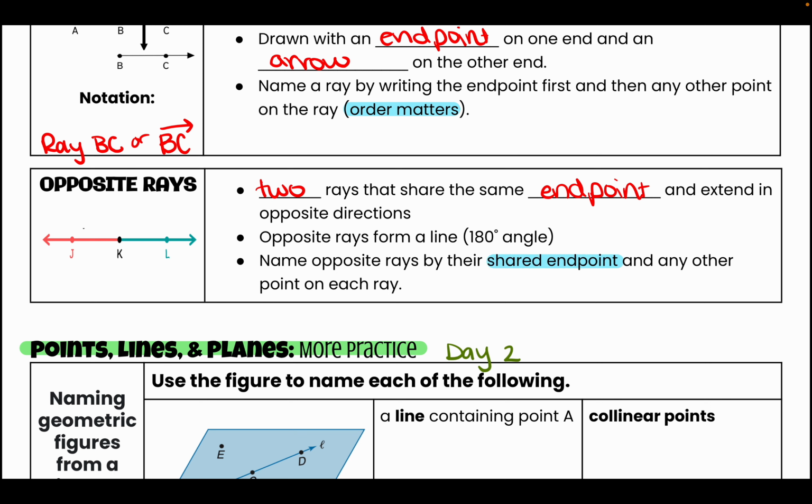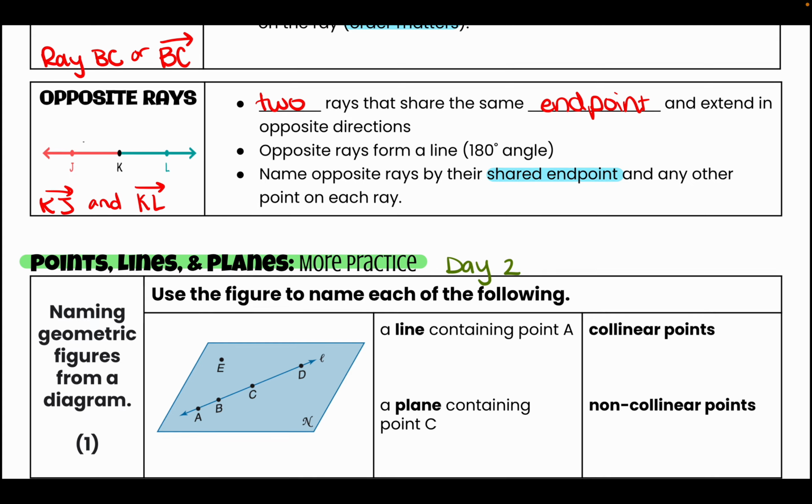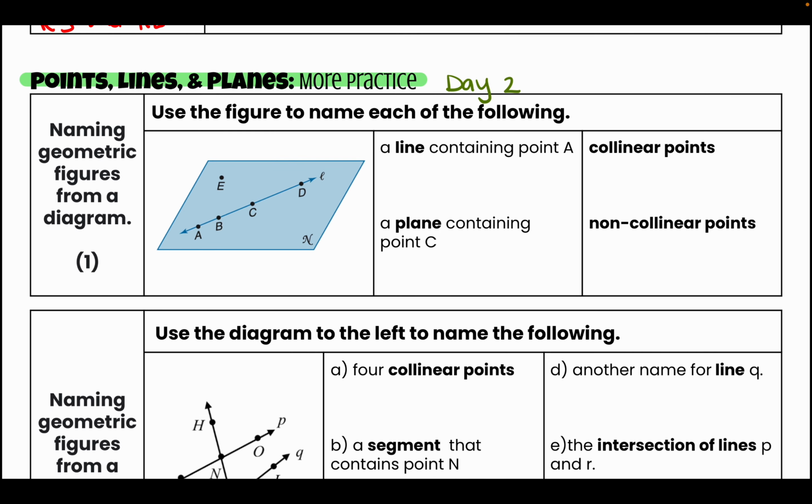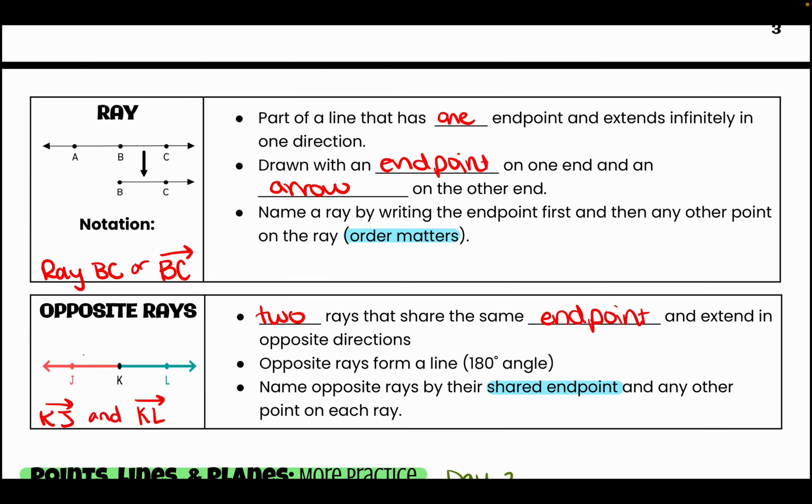So the other point doesn't matter, but what does matter is the shared endpoint. So our opposite rays in this picture would be ray KJ and ray KL. So those are our opposite rays. Okay, and that is the end of day 1.